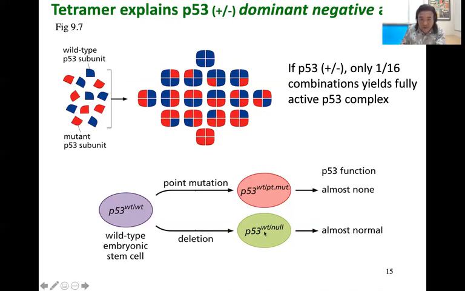So you still make the wild type form of p53 from one of the alleles, but the other one doesn't make p53 at all, because the form it makes is so truncated that it's not even kept in the cell, it's degraded. So in this case the function is almost normal because all you have is wild type p53 in there.